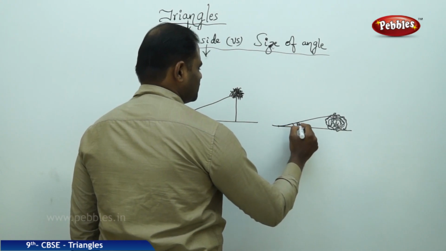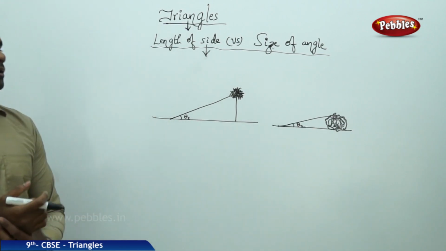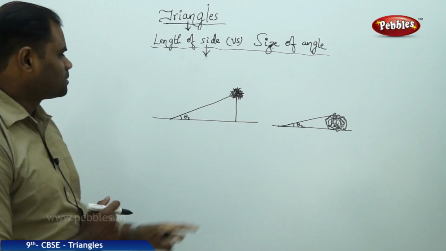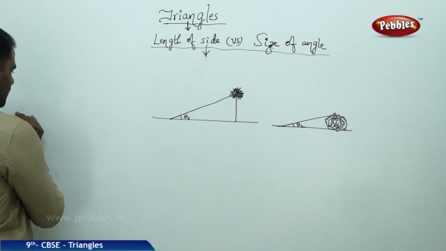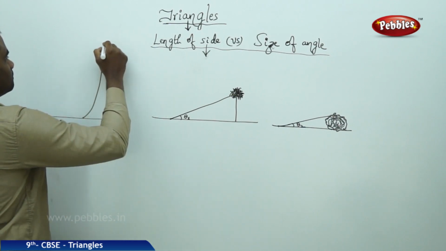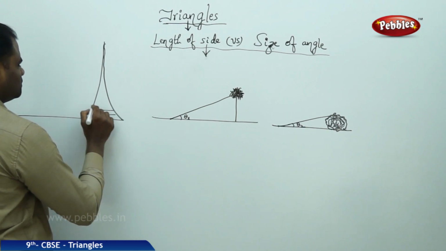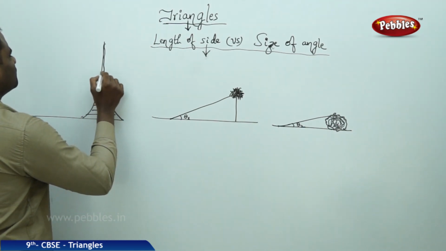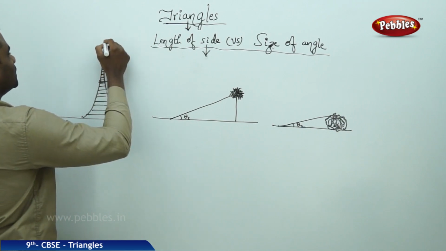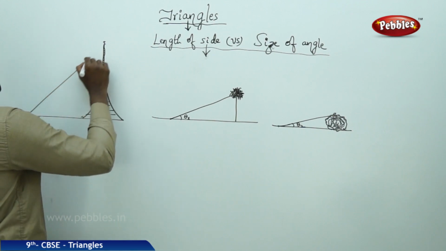So this angle is theta 2. Then what do we observe from these two real life situations? Here is the palm tree, and say I have one more case where I have an Eiffel Tower out here.